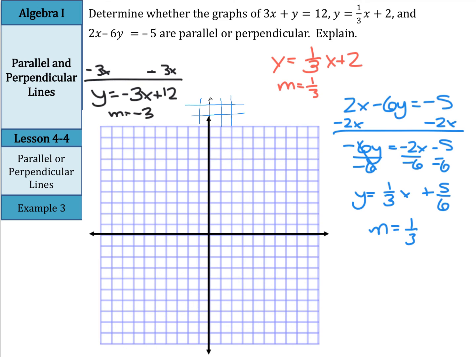Just comparing the slopes, I would say this 1/3 and this 1/3, these two lines are parallel because they have the same slope. Then when we look at the negative 3, well, negative 3 is the opposite reciprocal of 1/3, so this graph is going to be perpendicular to these two.